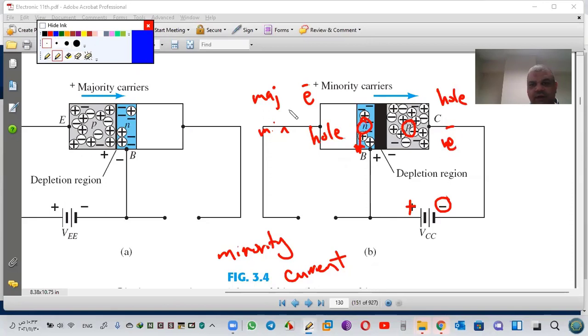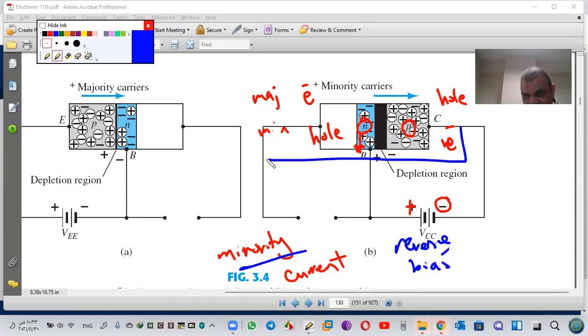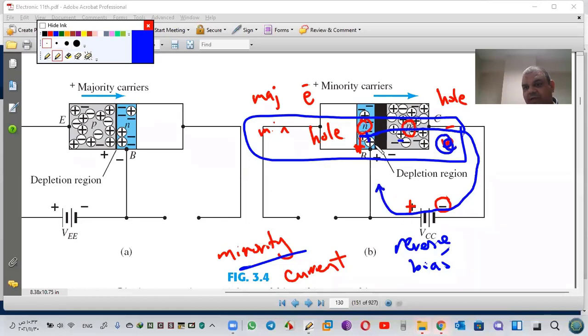But we are working under reverse bias, so minority. The holes go from here, come to the battery and return back. Same thing for electrons, but as conventional current.